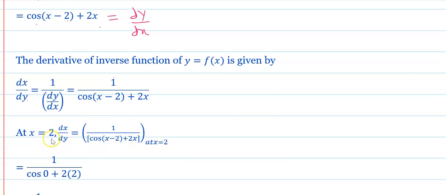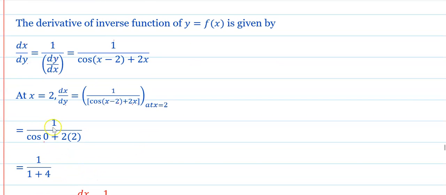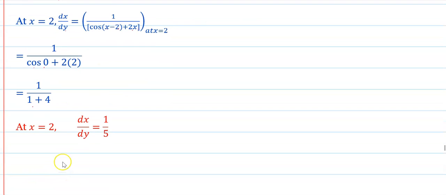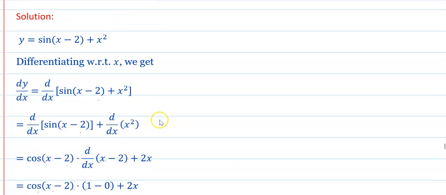But at x is equal to 2, therefore dx upon dy is 1 upon cos of x minus 2 plus 2x. Put x is equal to 2. 2 minus 2 means cos 0. 2 into 2, that is 4. Therefore 1 upon cos of 0 is 1, 1 plus 4, that is 5. And hence at x is equal to 2, dx upon dy is equal to 1 by 5. Okay, you can see the information.